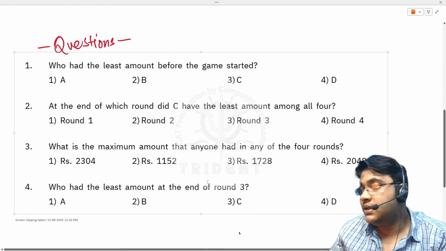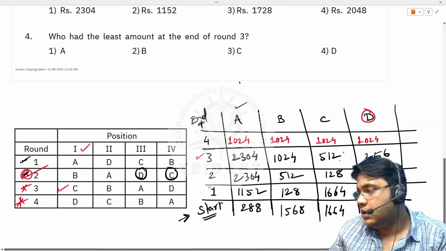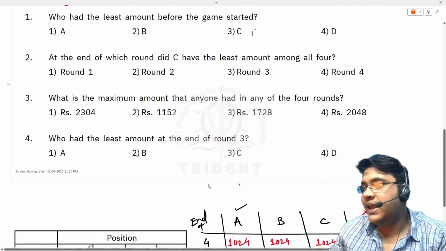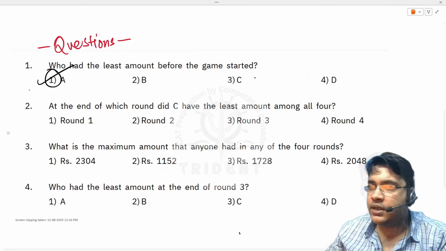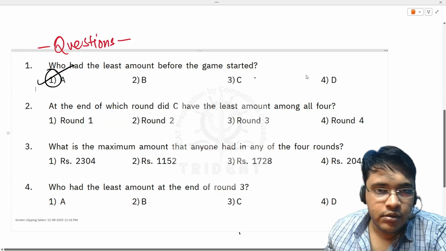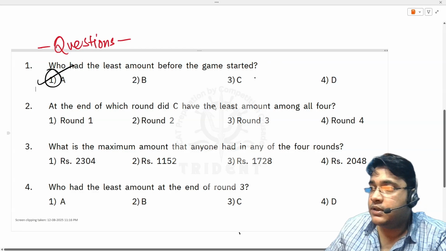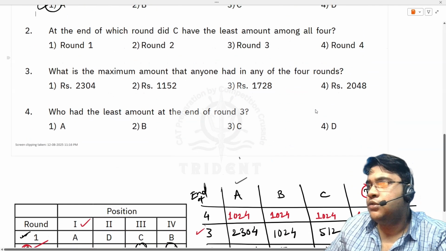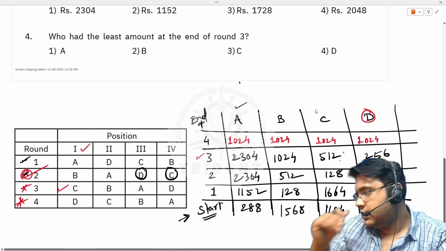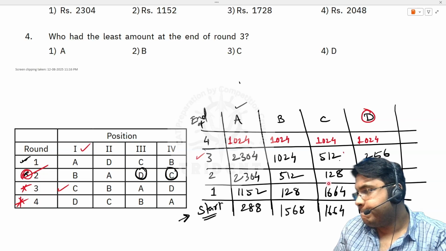It says, who had the least amount before the game started? Who had the least amount? I think that is A. A had the least amount before the game started. Let's look into question number 2. It says, at the end of which round does C have the least amount among all 4. Okay. So we need to find at the end of which round C has the least amount among the four.